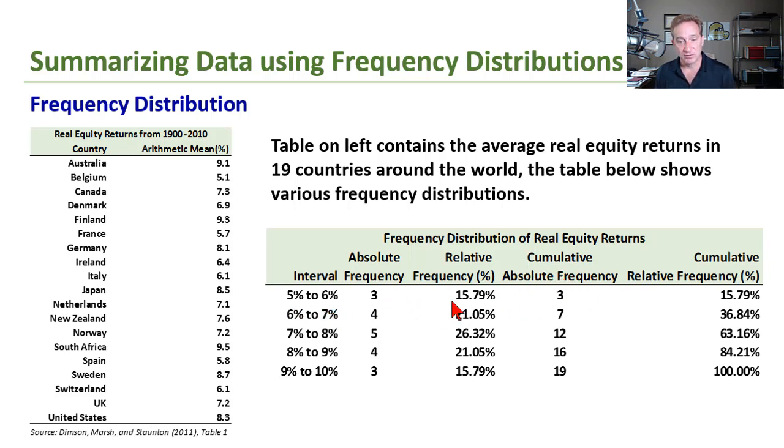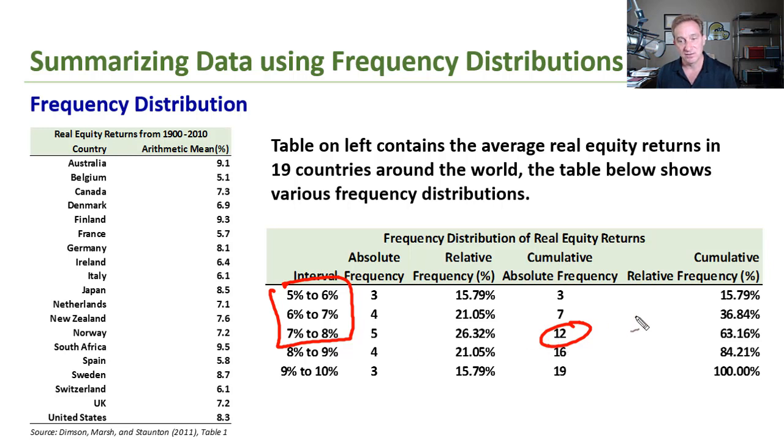Cumulative absolute frequency is simply the running total. So if we get down, let's say here to the 12, then what we're saying is 12 of these 19 countries have a mean here that is, you could see it's cumulative, so less than 8%.